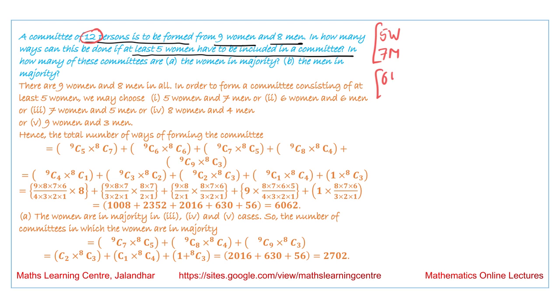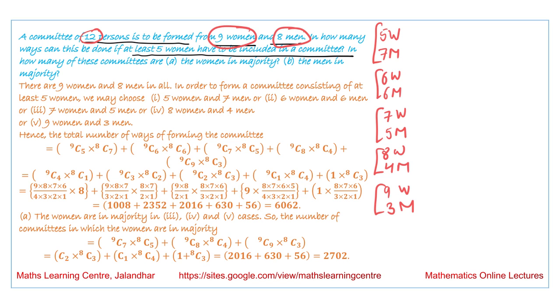Second is we have 6 women and 6 men. Then we have 7 women and 5 men. And then we have 8 women and 4 men, and the last case we have is 9 women and 3 men. Now the total number of men we have is 8 and the total number of women we have is 9.